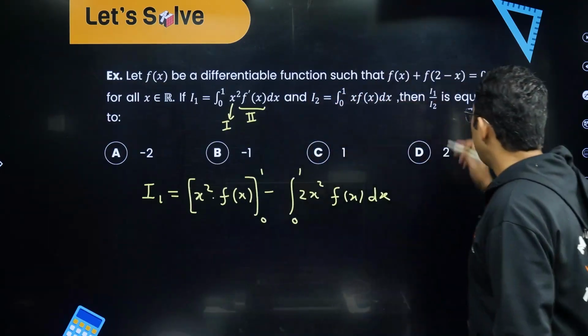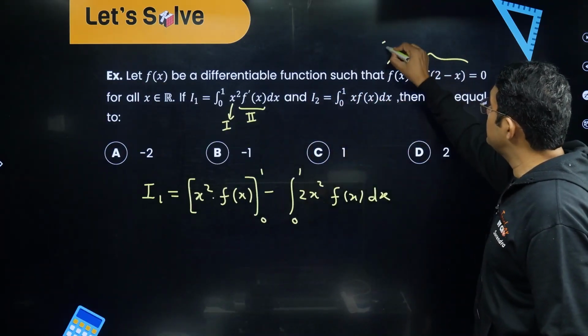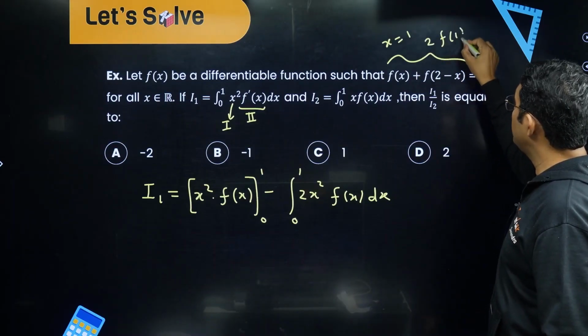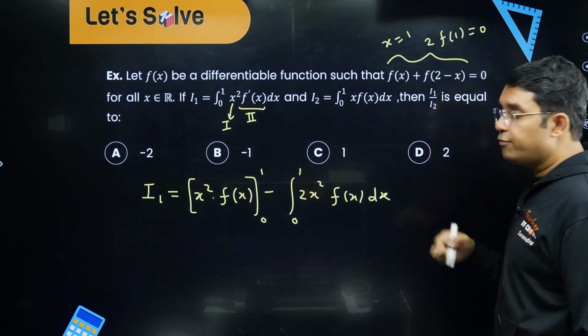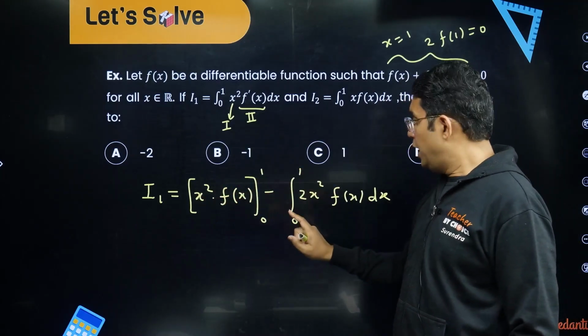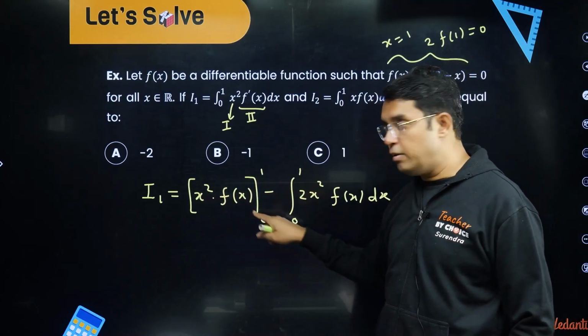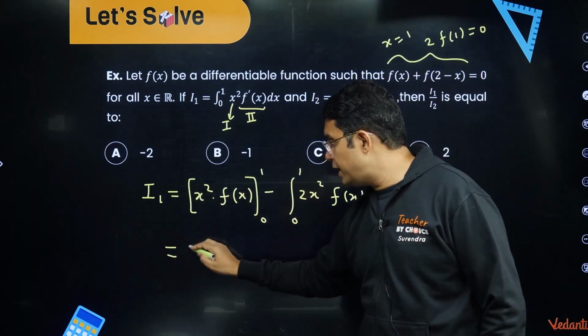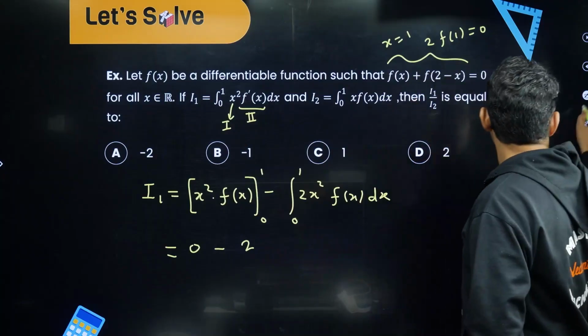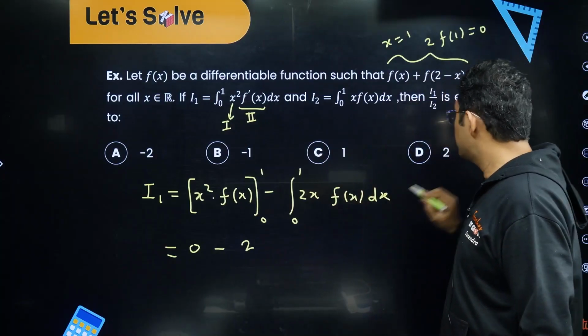If I put x equal to 1 in this relation, it gives you 2 times f(1) equal to 0, so f(1) will be 0. So if I put x equal to 1 here, this will give you 0. If you put x equal to 0, this x square will make it 0. So in both cases, we are getting this to be 0. And then minus, if I take 2 common, I think I have made a mistake here. It was 2x, not x square.